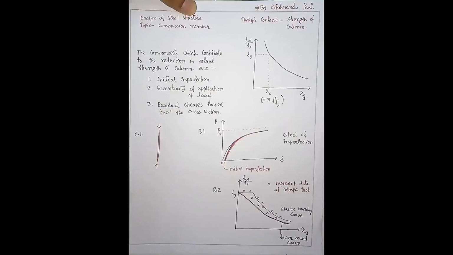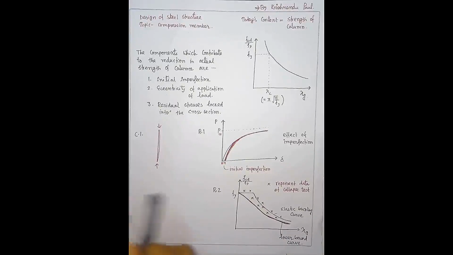And also, as we use rolled steel sections, these sections are produced in the mills where they undergo continuous cooling and heating, so there will be some residual stresses.